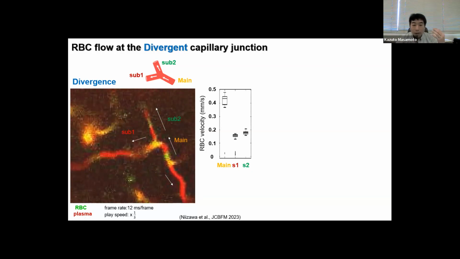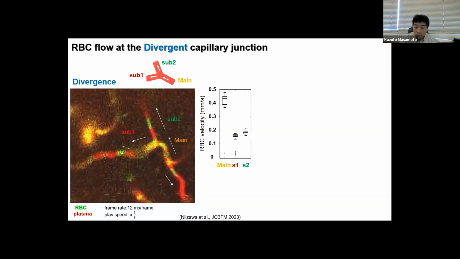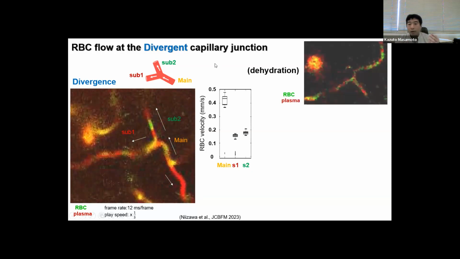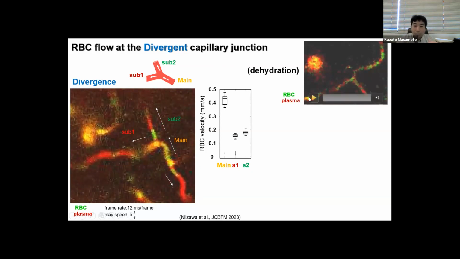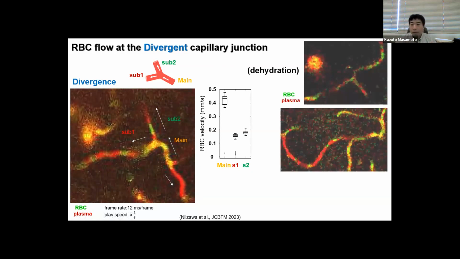So this is under the normal condition. If the number of red blood cells increases, what happens? We use a kind of disease model where we restrict the water, a dehydration condition, that makes an increase in the hematocrit.